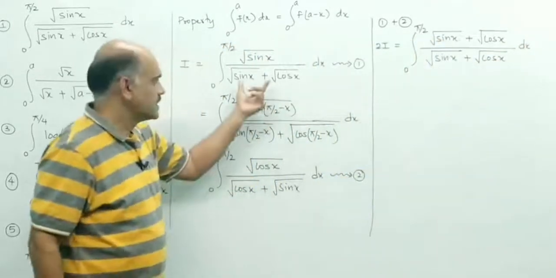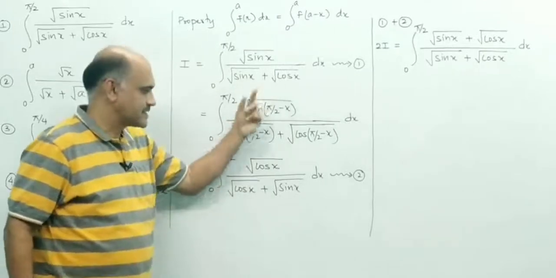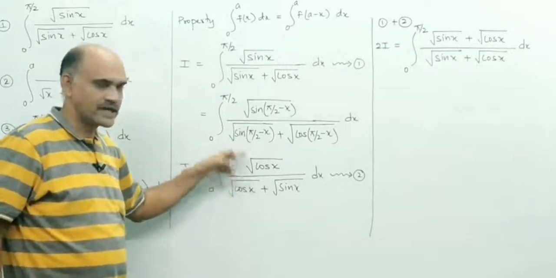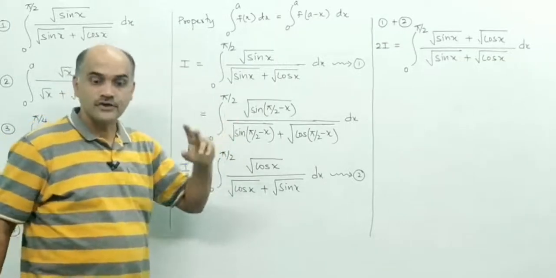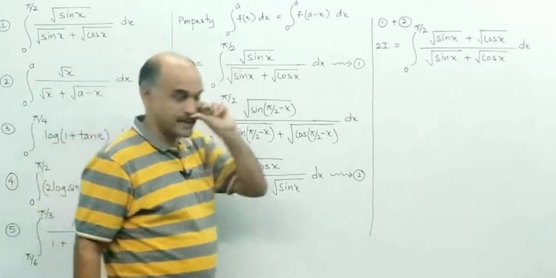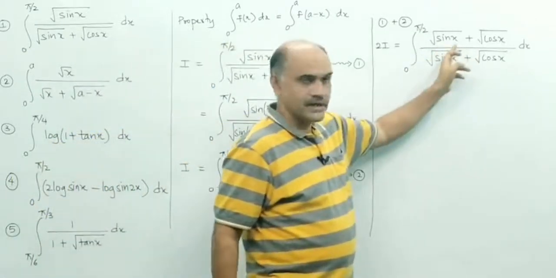Clear, students? Here it is root of sin x plus cos x, here it is root of cos x plus sin x, both are one and same. So denominator of both is same, so directly you can add numerator. So numerator I have added.